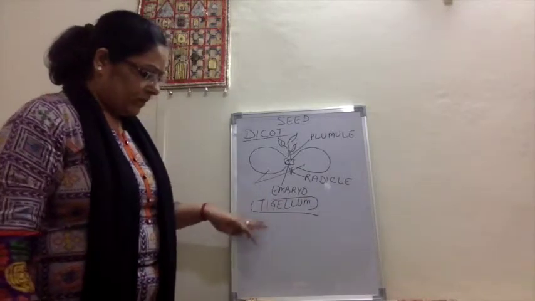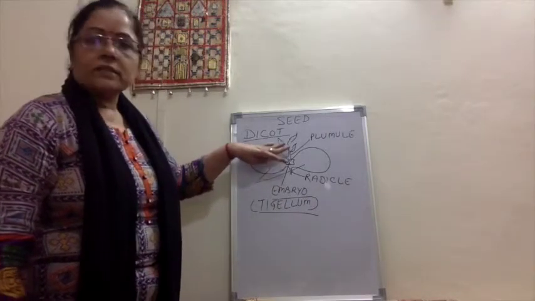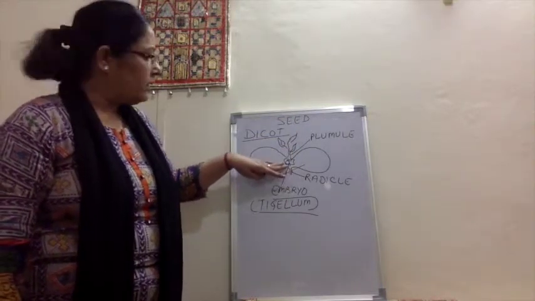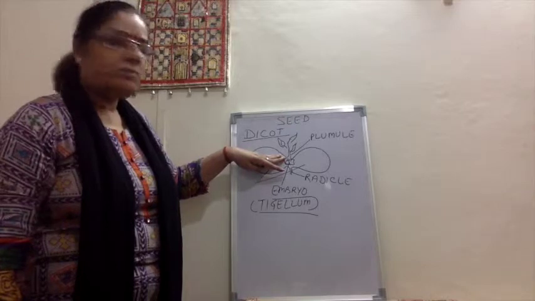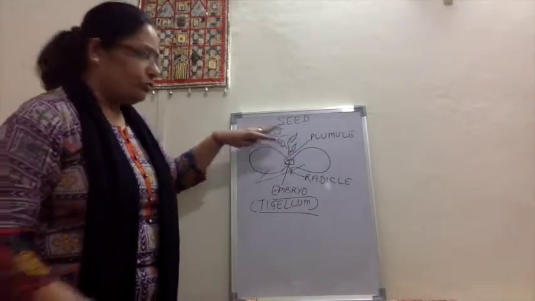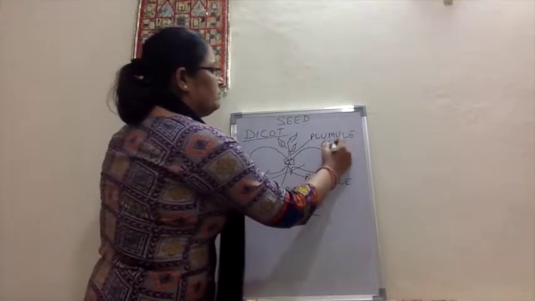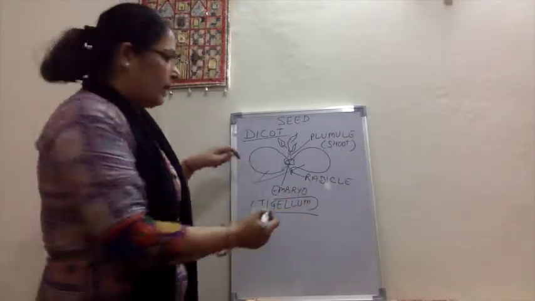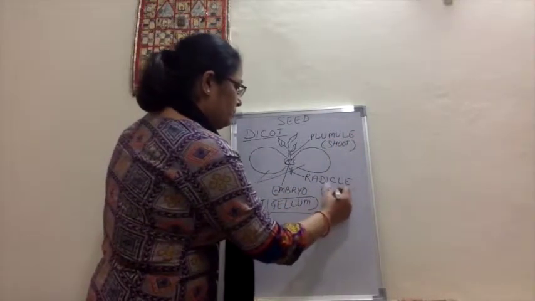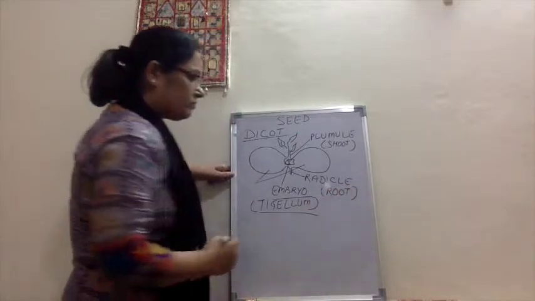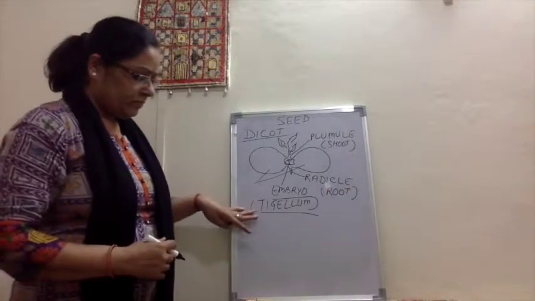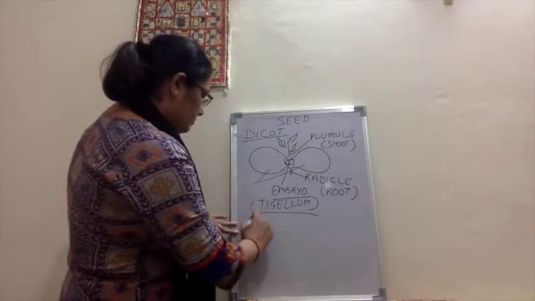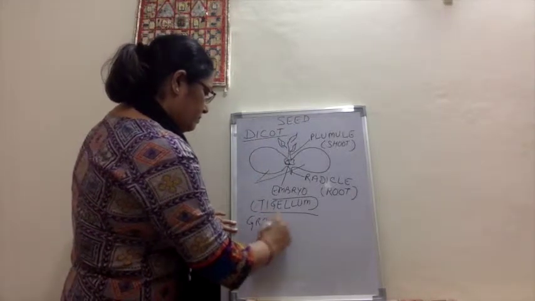It is shown as protruding plumule and radicle, and in between that there is tigellum. Plumule gives rise to shoot and radicle gives rise to root. So this is in dicot, like gram, pea.